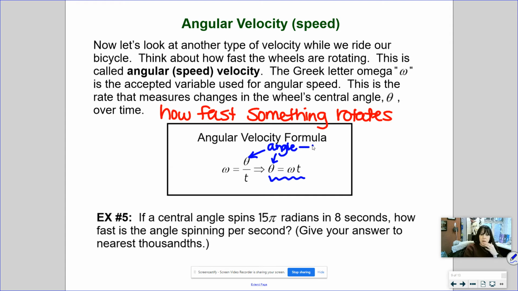That needs to be in radians, just like before. This weird W is actually a Greek letter. It's called omega. And omega is going to represent your angular speed. So how fast you're rotating is called W or omega. And then T is time.